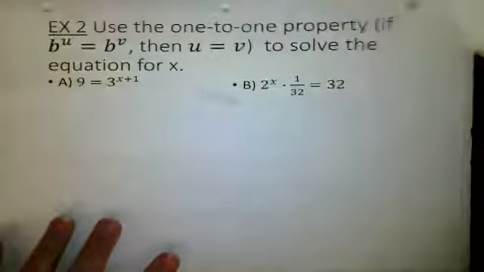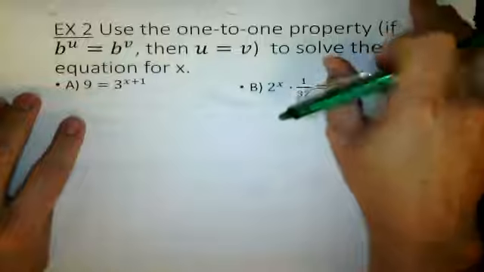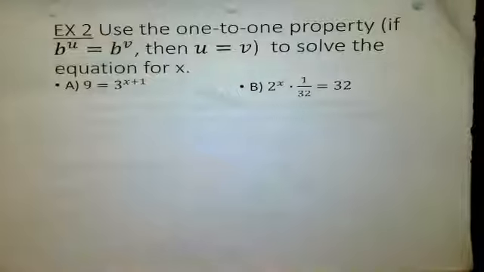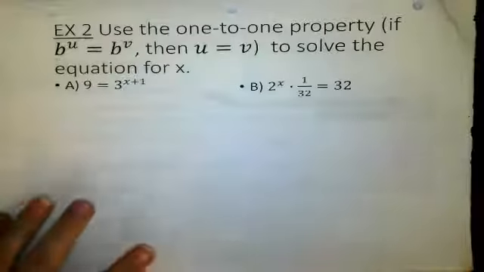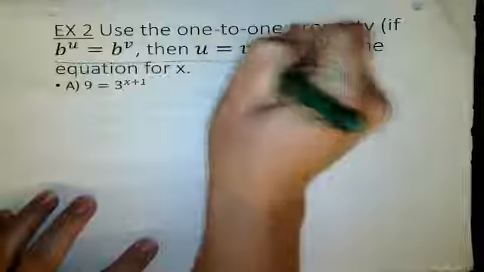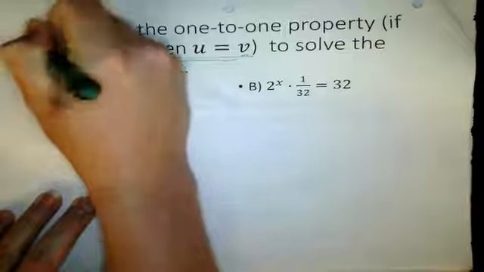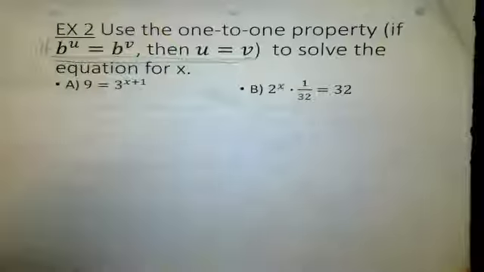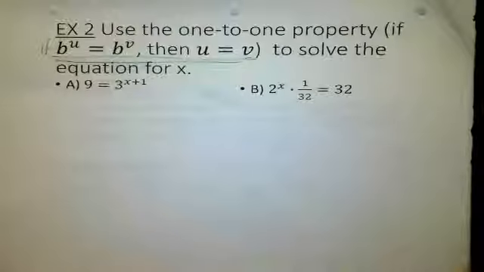All right. There we go. Example 2. Use the one-to-one property. The one-to-one property is this: if b to the u equals b to the v, then u equals v. We use the one-to-one property a lot.